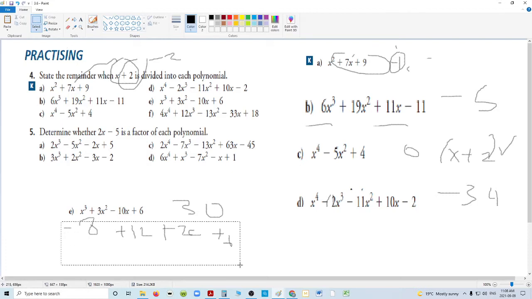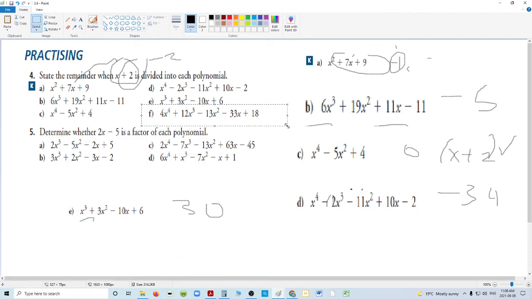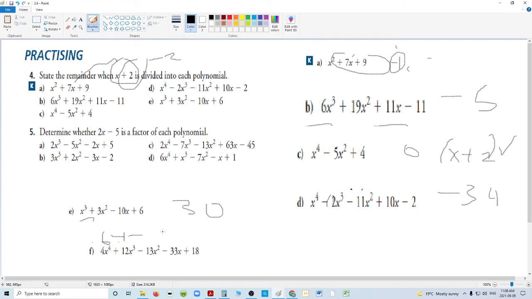And then finally the last one, F. I do the same thing. I'm putting minus 2. Minus 2 to the power of 4 is 16 times 4, 32, 64. And then this is minus 8 times plus 12, so that's minus 96. Let's see how annoying it gets.